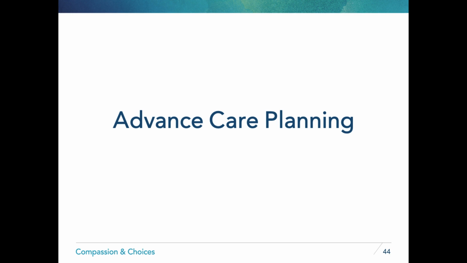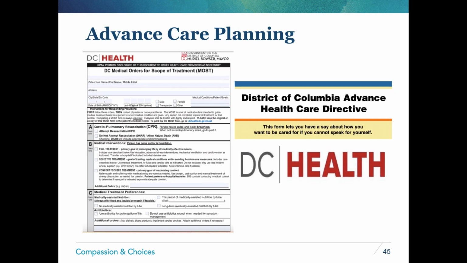No conversation about end-of-life care would be complete without emphasizing the value and importance of advance care planning. Whether or not your patient has a life-limiting illness, it's always important that we have a healthcare directive, because we need the patient's voice to guide and direct our care if there's ever a time when the patient's not able to speak for themselves.